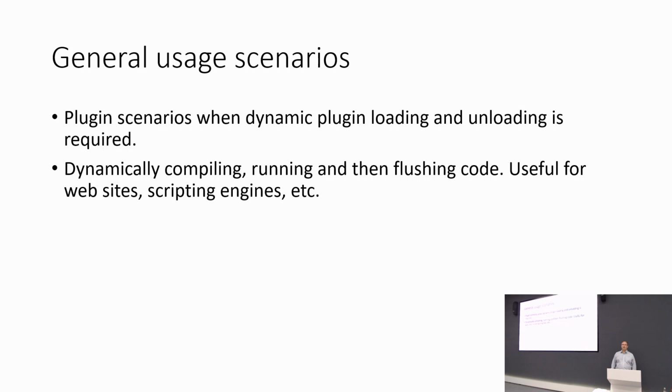So that was the most requested thing. And it's also useful when you want to dynamically compile some code, run it, and then flush it, which could be used, for example, for websites or some scripting engines. Again, you don't want to pile up the compiled and jitted code forever, and so unloadability is something you would want in that case.